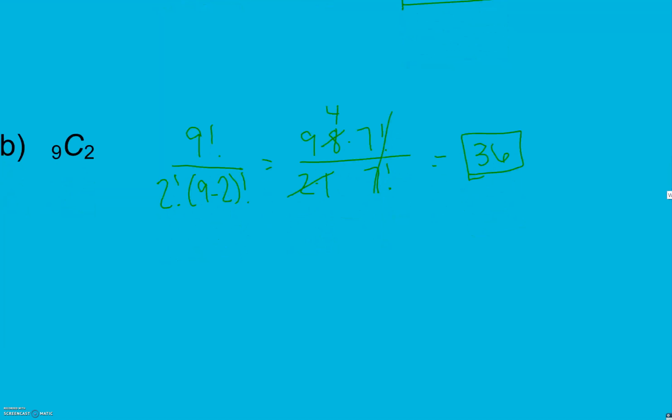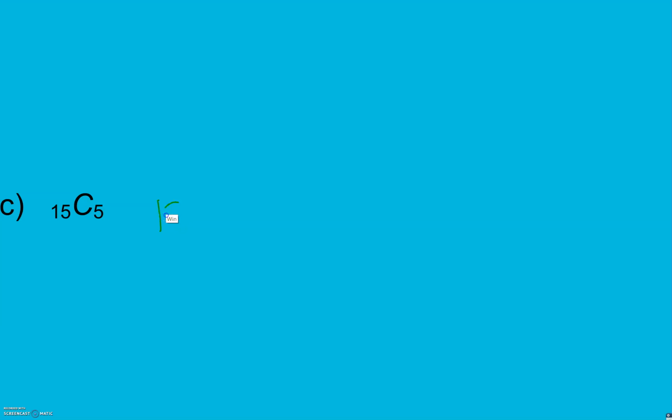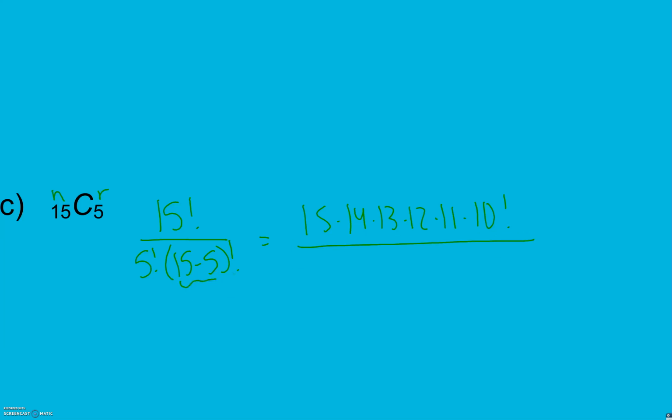15 factorial over 5 factorial, 15 minus 5 factorial, n factorial over r factorial times n minus r factorial. 15 times 14 times 13 times 12 times 11 times 10 factorial, because 15 minus 5 is 10 factorial. I'm going to go ahead and cancel those out. I'm also going to rewrite 5 factorial as 5 times 4 times 3 times 2 times 1.